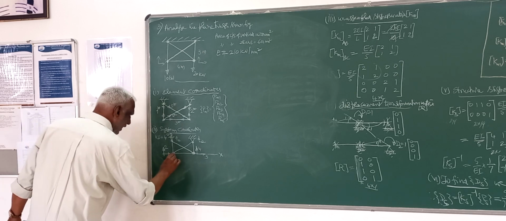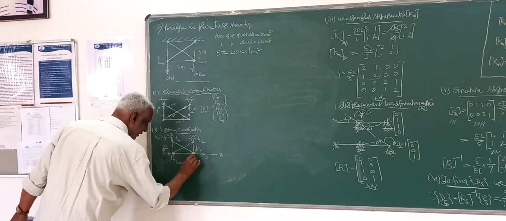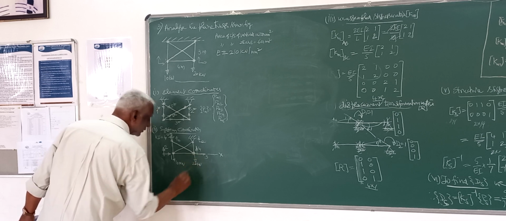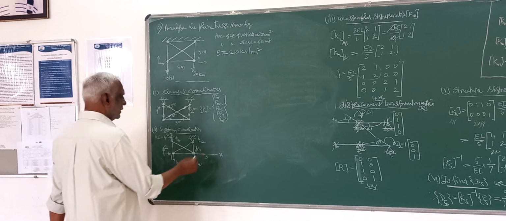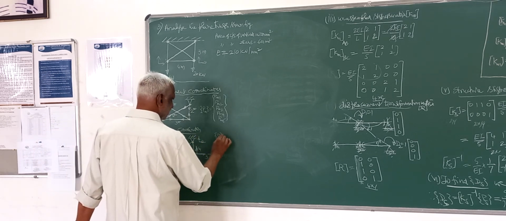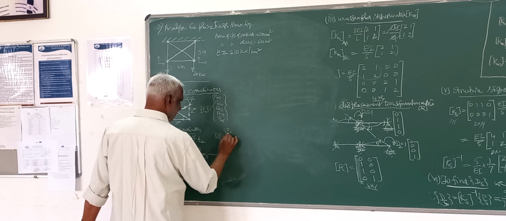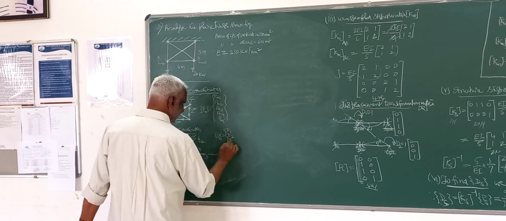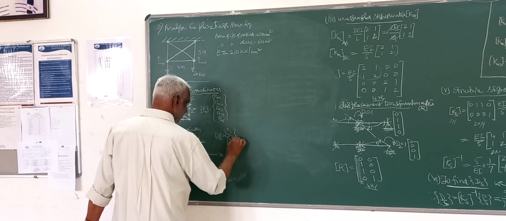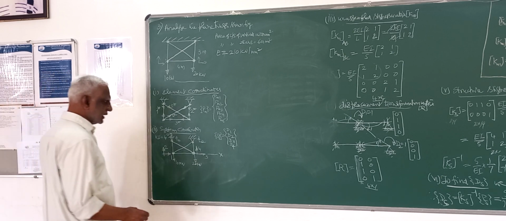So here I have got a load of 10 kilonewton, here a load of 20 kilonewton. So the system coordinates are D, S, which has 4 displacements, D1, D2, D3 and D4, which we have to determine during analysis.